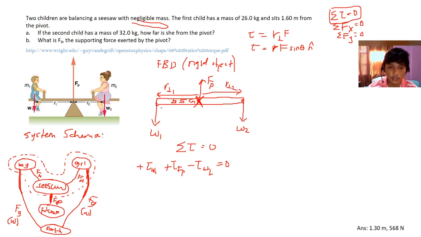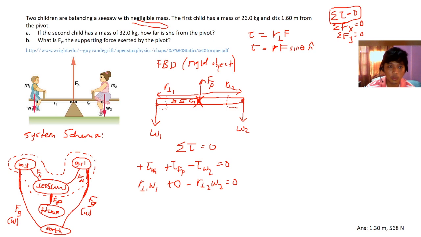And I know that it's a moment arm because a moment arm is the distance that is perpendicular to the line of action of the force. And as you can see, W1 and R moment arm 1 are perpendicular. So I can just use the formula. So R moment arm 1 W1 and 0 for FP because it doesn't have R, minus R moment arm 2 W2. No, not omega, W2. I'm always confused.